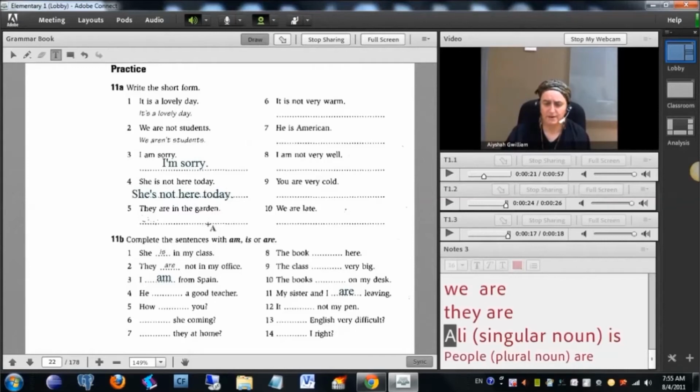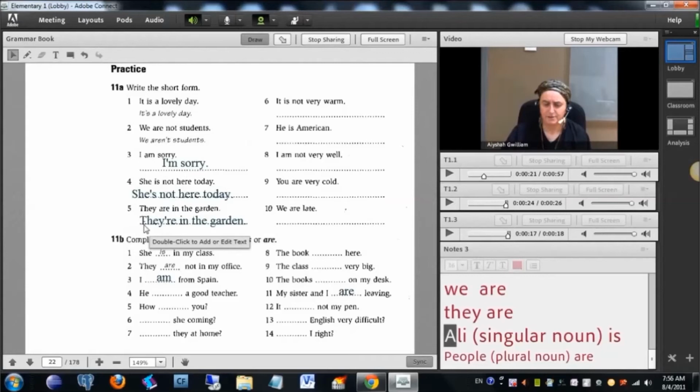Let's look at number 5. They are in the garden. This should be they are in the garden. Okay? Let's look at this one. Do you notice that there's a capital letter here?